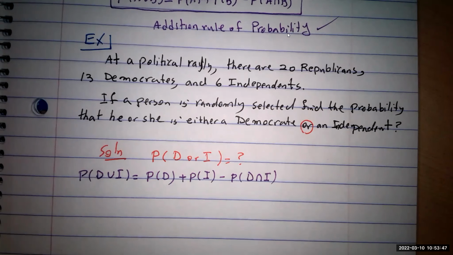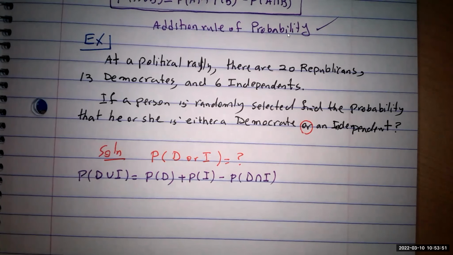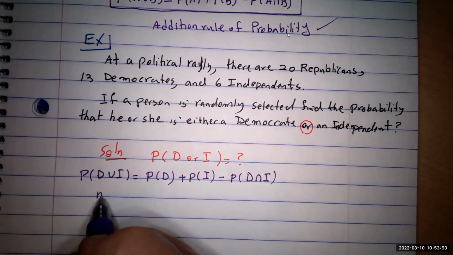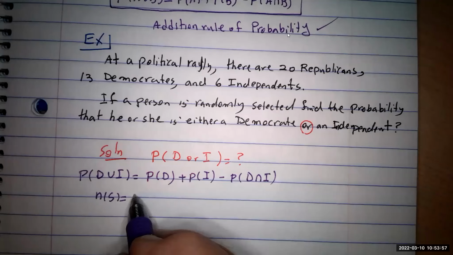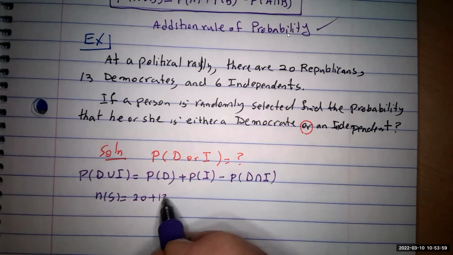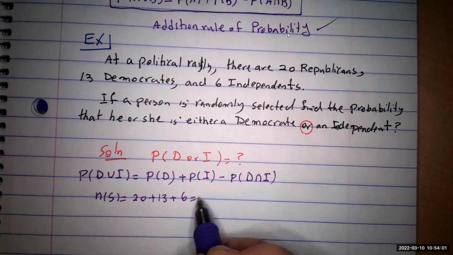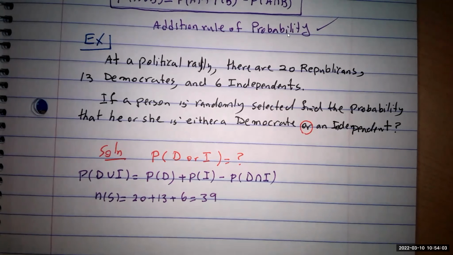Okay. So you need a sample space. So the total number in the sample space, n of S, is going to be what? You have 20 Republicans, 13 Democrats, and 6 independents. So that total would be 39.